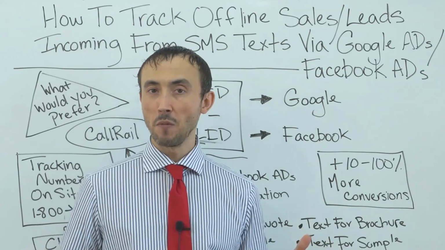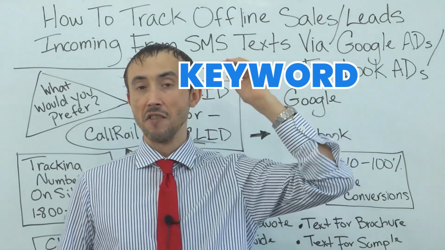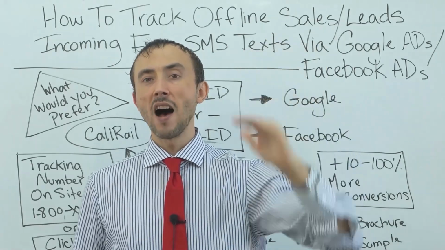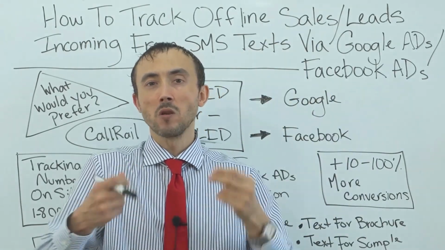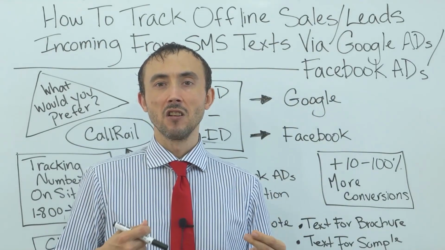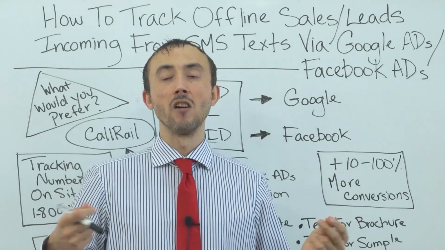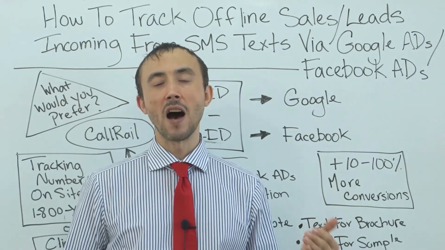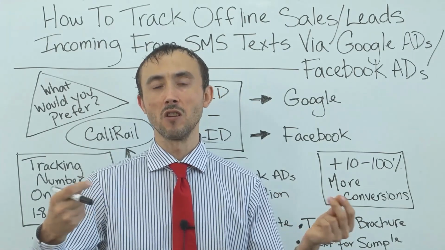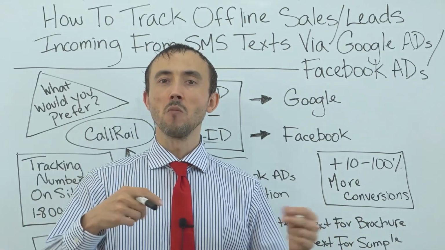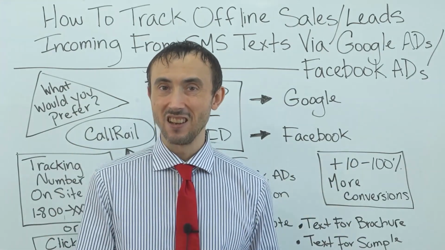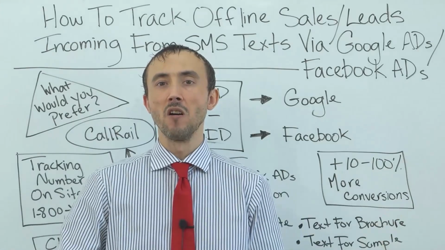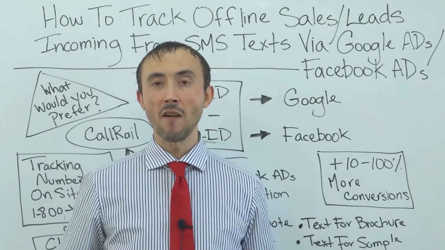Because you just find the diamonds in the rough. There'll be certain keywords, and the leads that come from those keywords, that have 10 times the ROI of other keywords. Generally speaking, the more specific the keyword, the higher the ROI. Why? Because the more words they use in their phrase, the more certain they are about what they need, and therefore the further down the purchase cycle they are, on average.